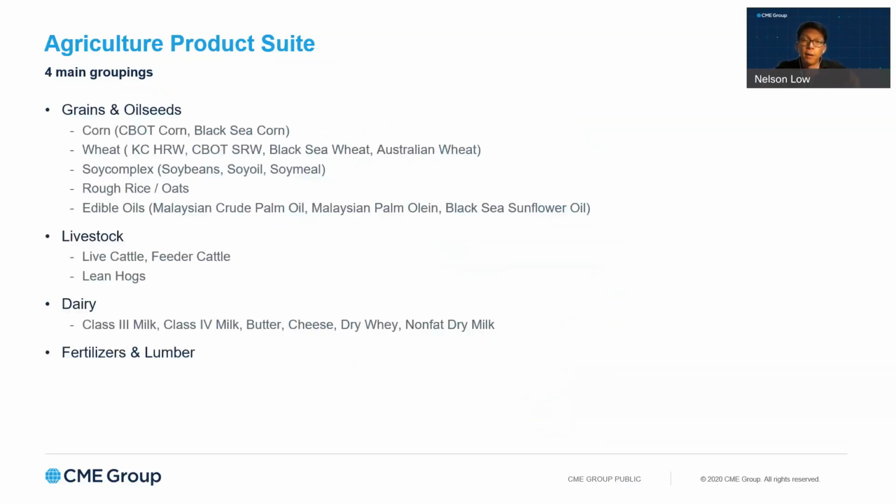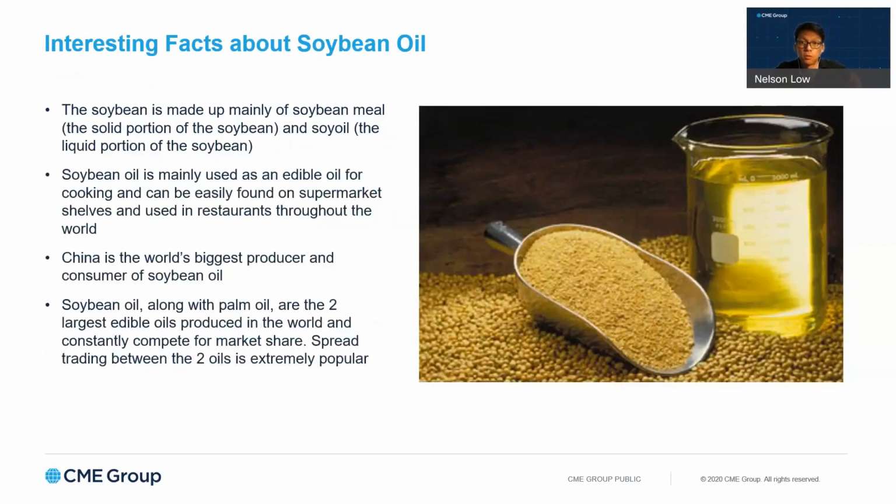You see the finer details here, but really the product class that I would be focusing on today would be the edible oil suite. The CME, or rather the Chicago Board of Trade, is most famous for the soybean oil contract, and I will be talking a little bit about it.